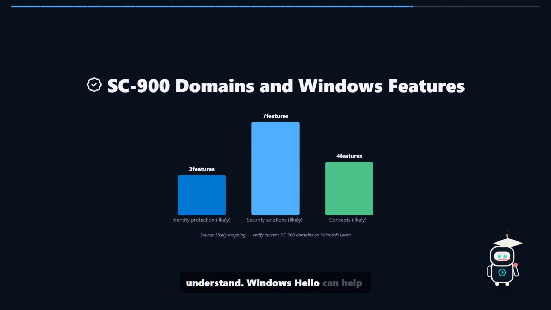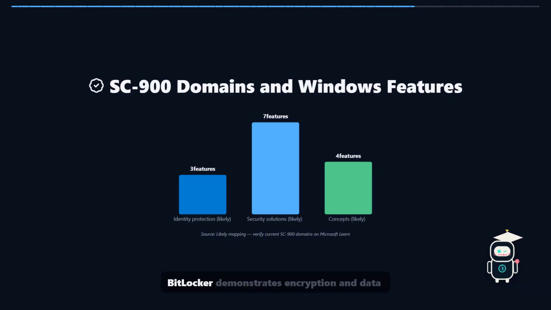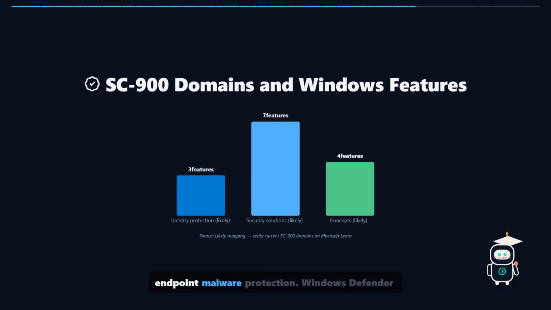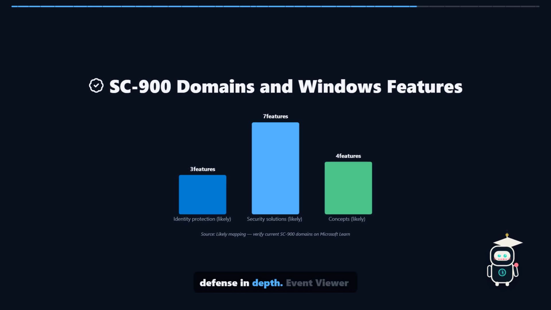Windows Hello can help you understand stronger, device-bound authentication. BitLocker demonstrates encryption and data protection. Microsoft Defender Antivirus demonstrates endpoint malware protection. Windows Defender Firewall demonstrates network filtering and defense in depth.